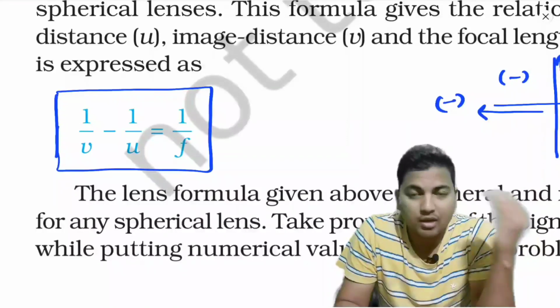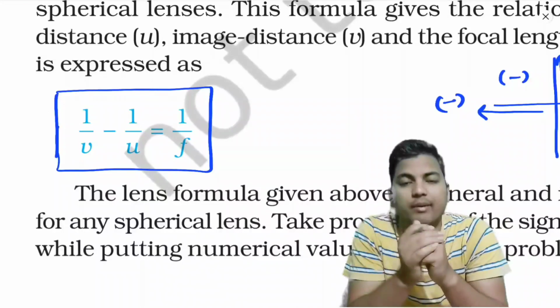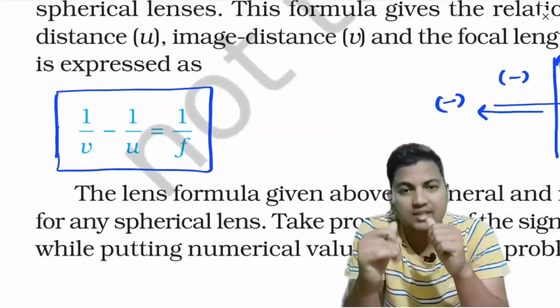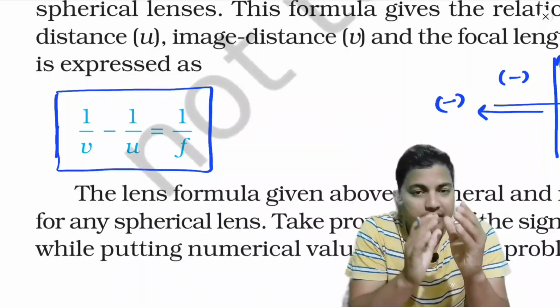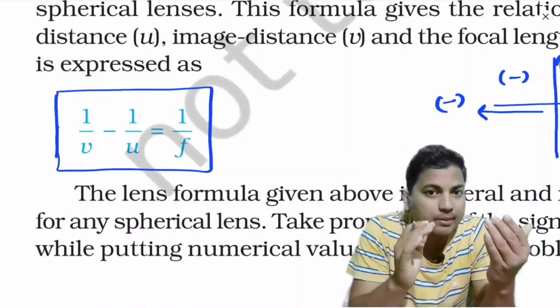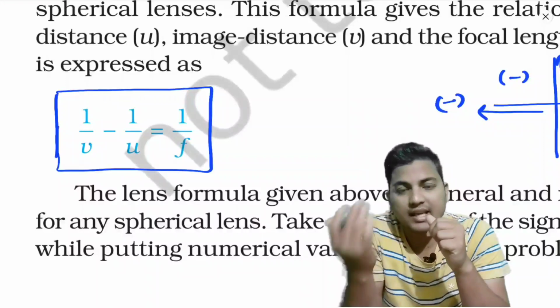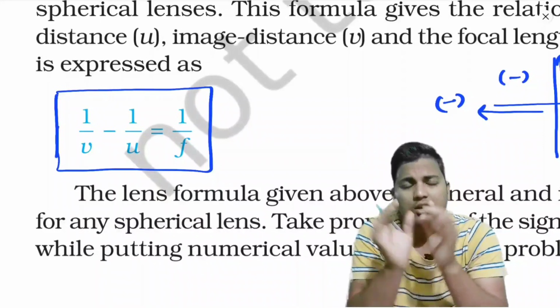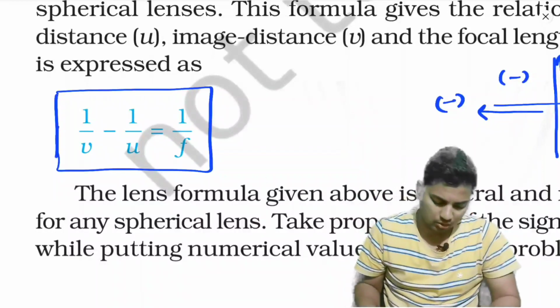In our mirror concept we have seen that magnification m is equal to minus v by u, equal to h dash by h, but in the lens system the sign is changed a little bit: in place of minus v by u we put v by u, which is the same as h dash by h. Clear? So the only difference is the sign convention, nothing else to worry about.